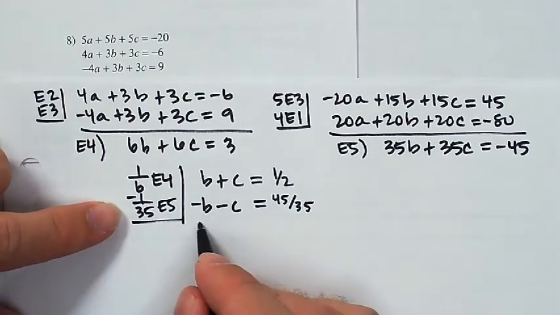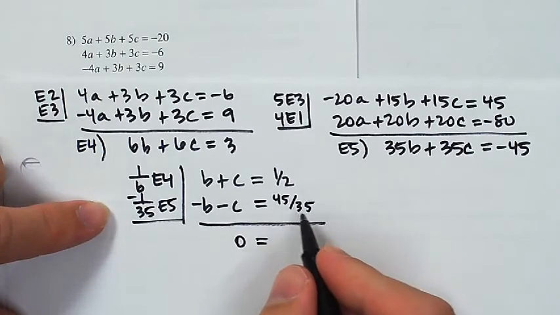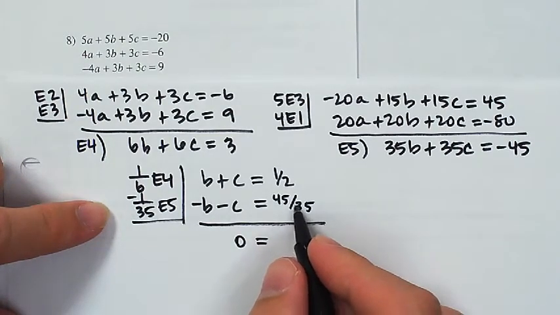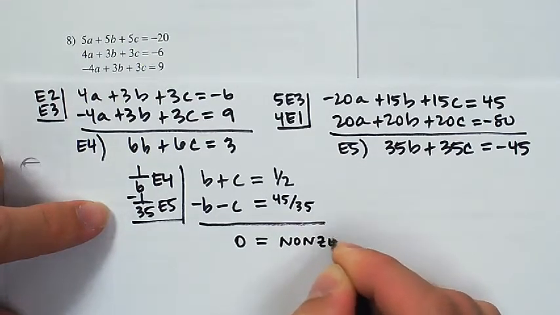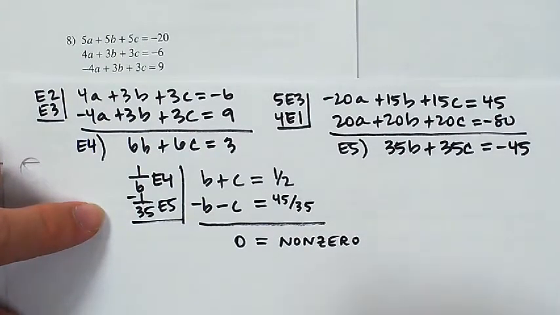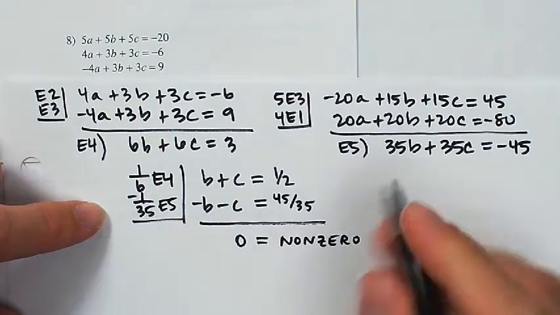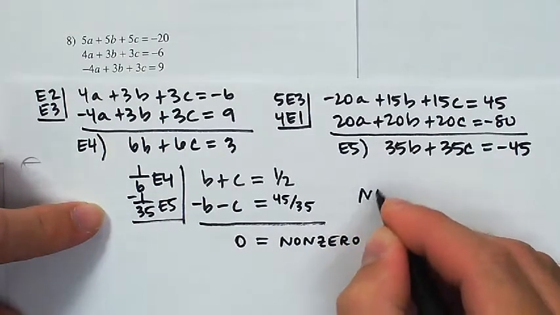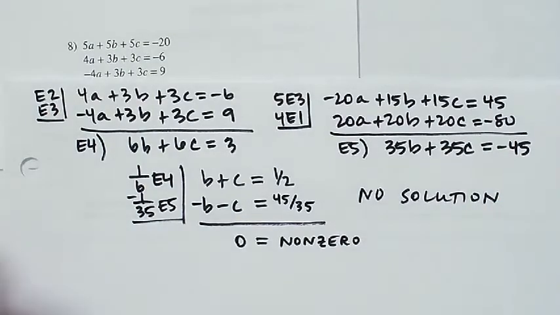So when I add these all together, I get 0 equals something non-zero, specifically because I'm adding two positive numbers together, and it's not going to be 0. And so if I have 0 equals non-zero, that's not true. And so I know that this one has no solution.